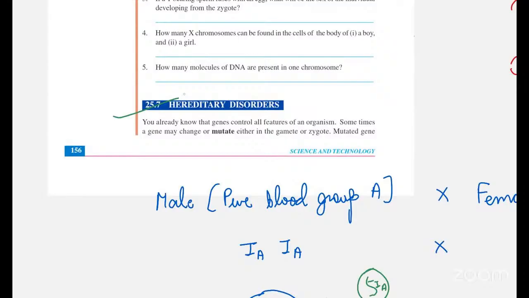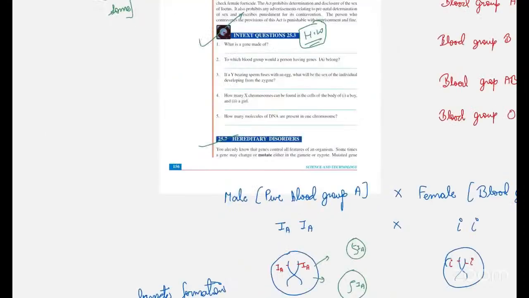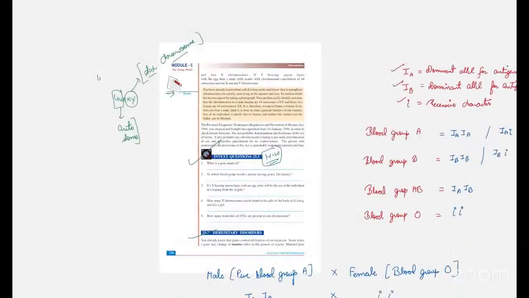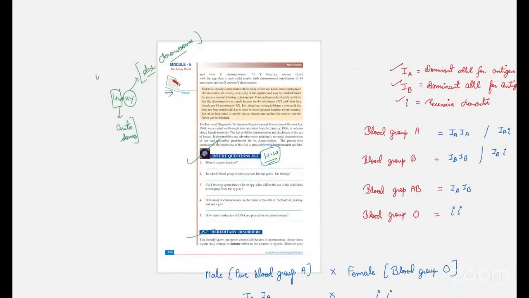In DNA copying, some error happened and some mutation happened. Mutation means the gene changes, and because of that proper body formation is not there. So we have some disorders which are because of heredity, because of improper copying, or we have other factors also.